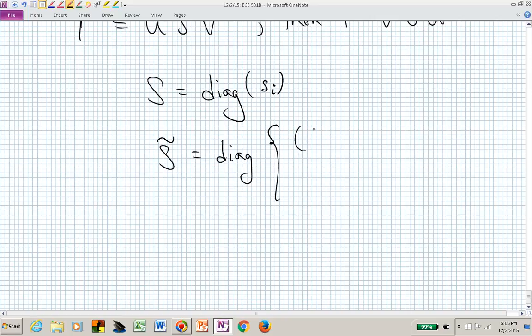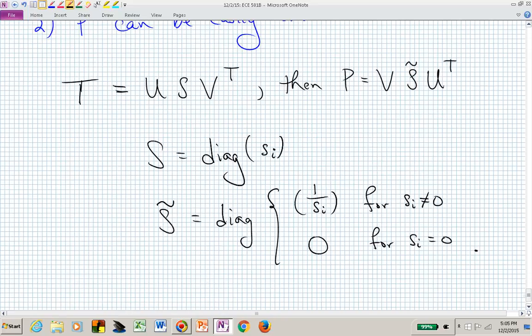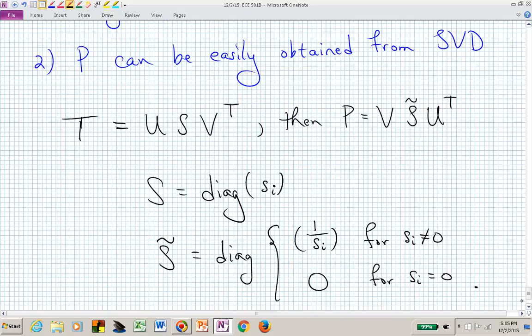So that now we have 1 over S sub i for S sub i not equal to 0, and 0 for the 0 entries in that matrix capital S. And if the singular values are tiny, you could just say, let's just assume those are 0 and not worry about inverting them, and just set those to a hard 0 also.